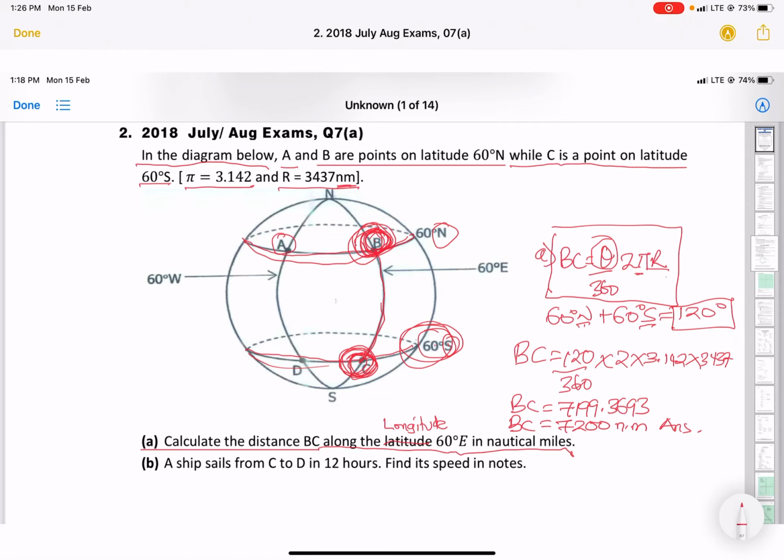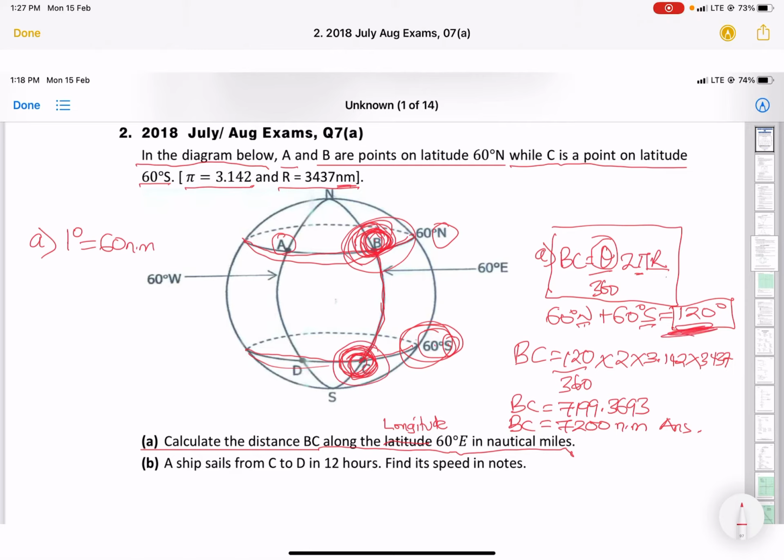When you're finding distance along the longitude in nautical miles, not in kilometers, you can also use what I call a shortcut, a shorter method. You can simply say 1 degree is equal to 60 nautical miles. The difference in latitude between B and C we found to be 120.